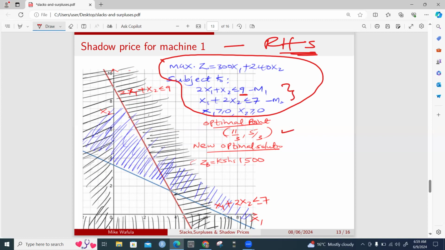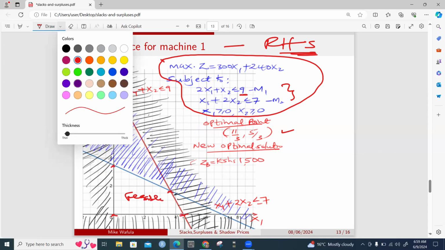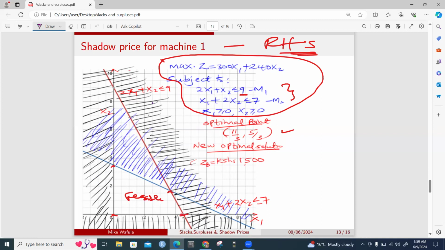The optimal point is now 11/3 and 5/3. This is where it is. The feasible region appears this way. If you investigate and evaluate those corner points, you find that the optimum point is now going to be this particular point.